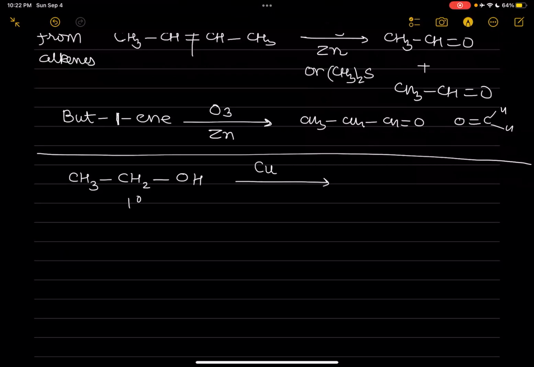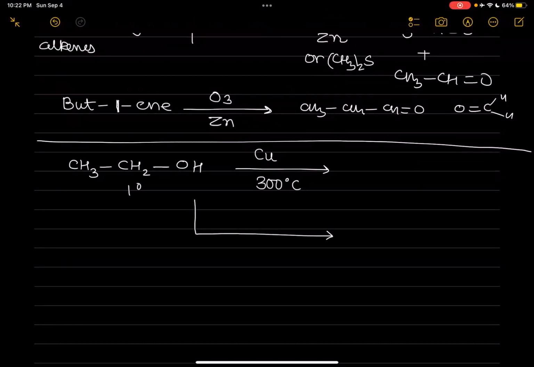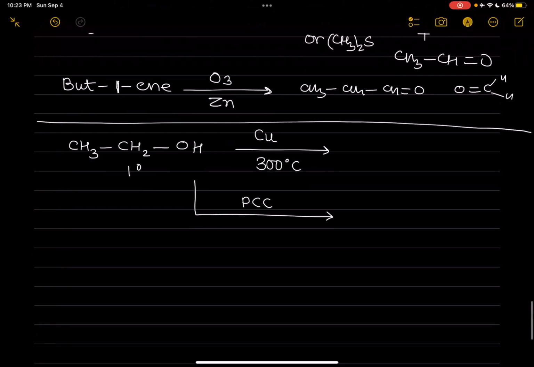By heating it with copper, or you use PCC. PCC or copper, these are weak oxidizing agents.